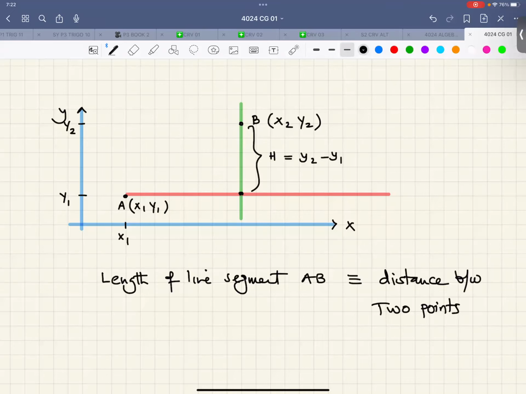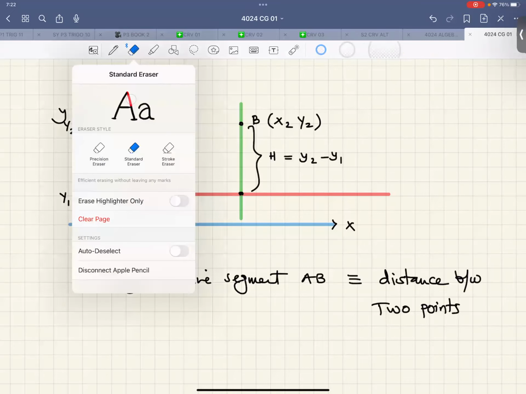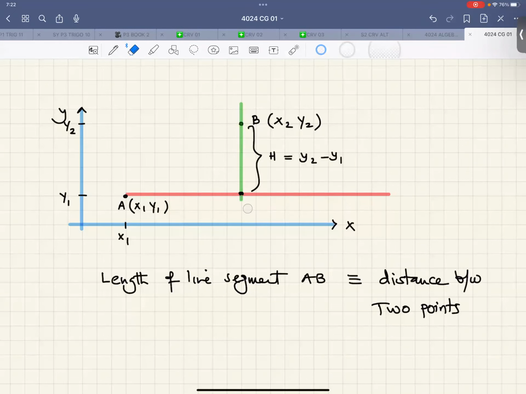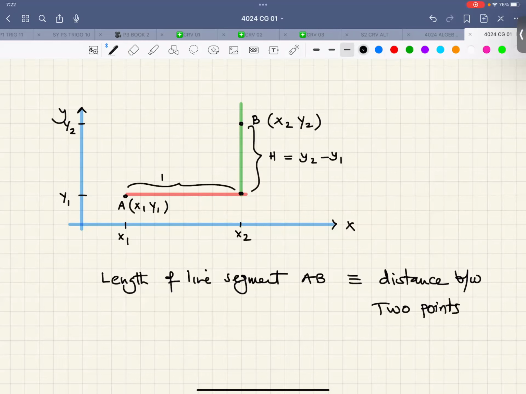Similarly, if this is labeled as x1 and this as x2, this base equals x2 minus x1. So this height is y2 minus y1, base is x2 minus x1.